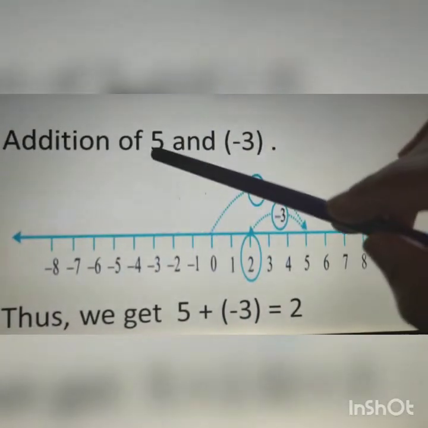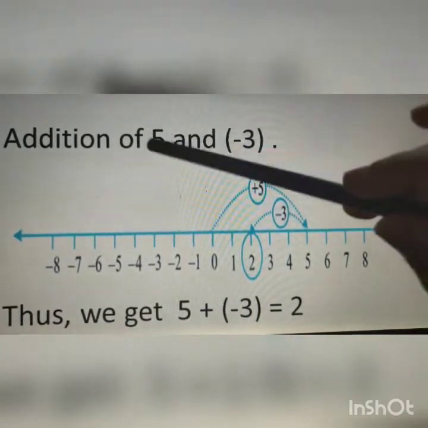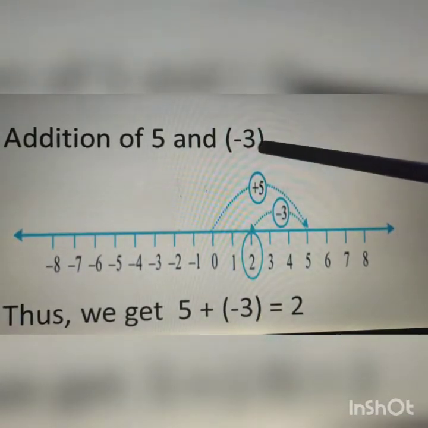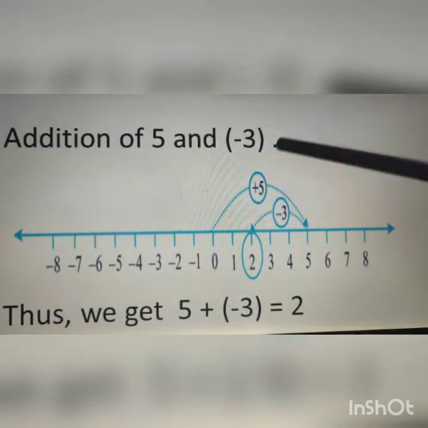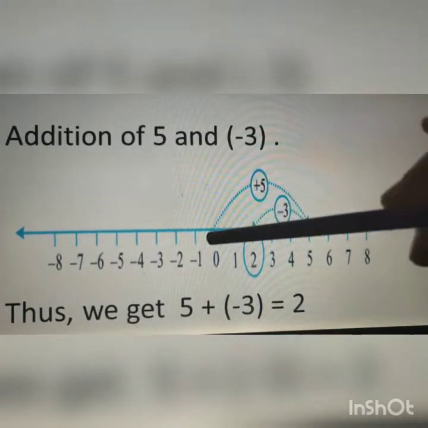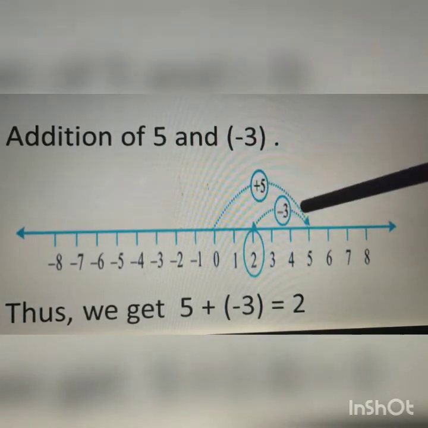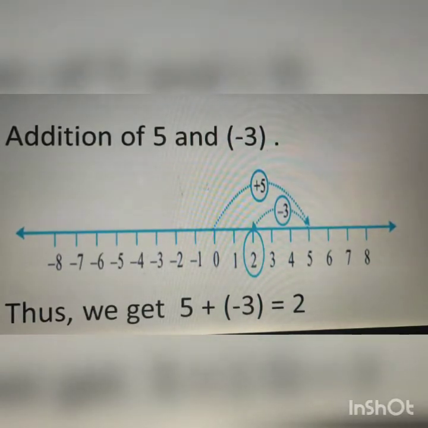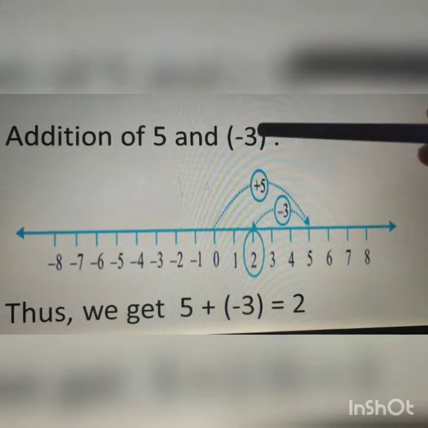Next is addition of 5 and minus 3. Here 5 is a positive integer and minus 3 is a negative integer. So 5 plus minus 3. First we will mark plus 5. From 0 towards right we have to mark plus 5, and from plus 5 we have to subtract 3.